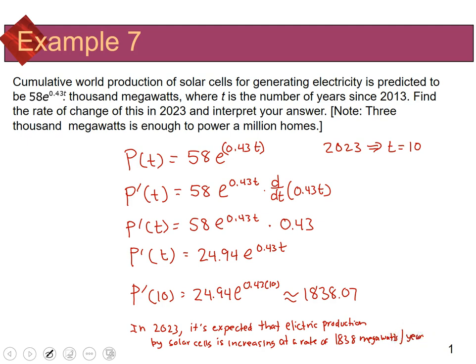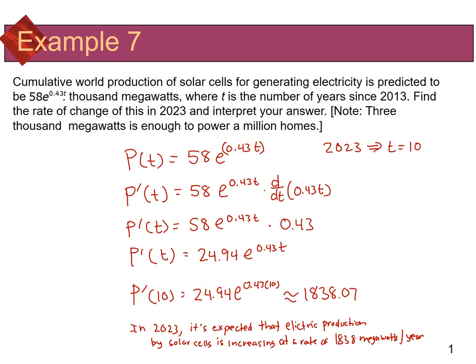Now, that's not how much it's generating that year. That means that at that moment, the production is increasing at a rate of that. So that answers that question and gives us the interpretation as well.